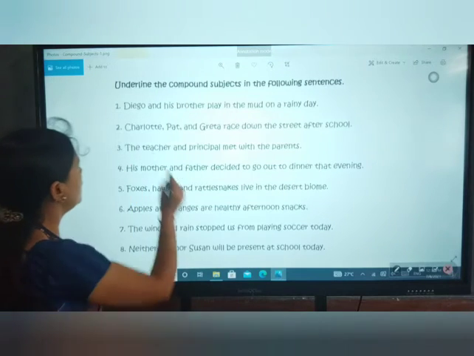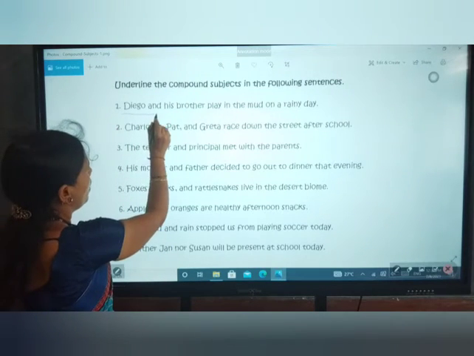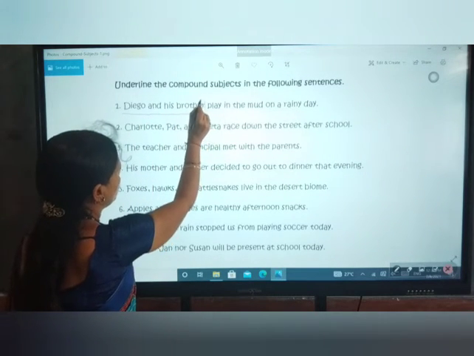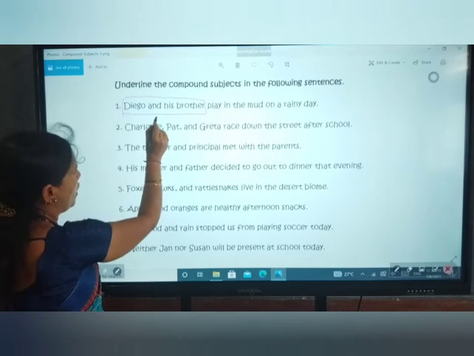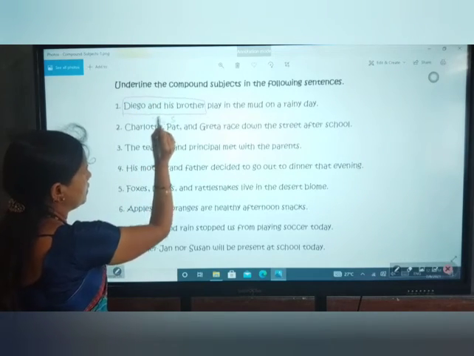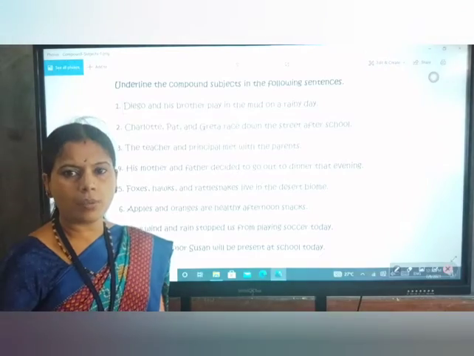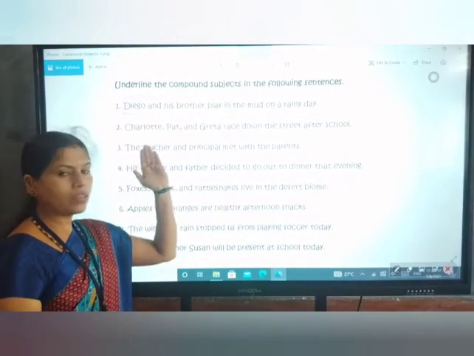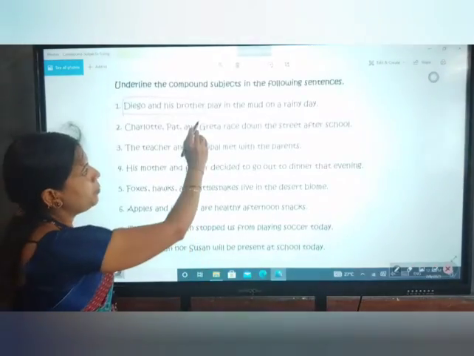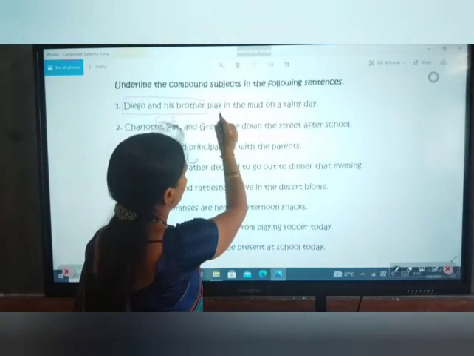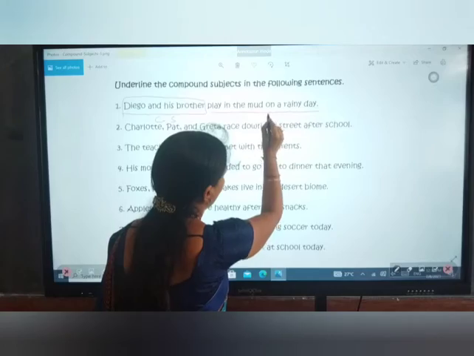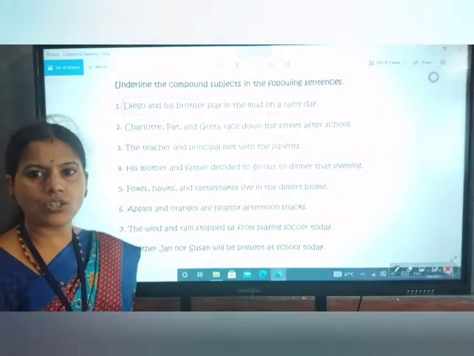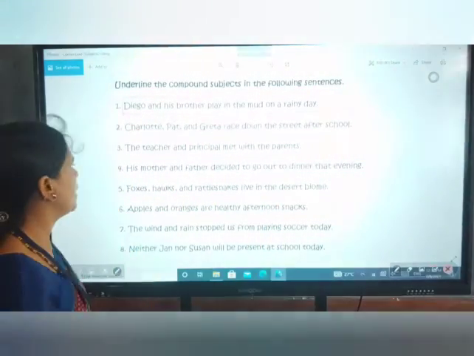Here two nouns are there, that is Daigo and his brother. So this we can call as compound subject. Got it? Compound subject means it is having more than one noun. And play in the mud on a rainy day, you can call this one as predicate. Remaining all is predicate.